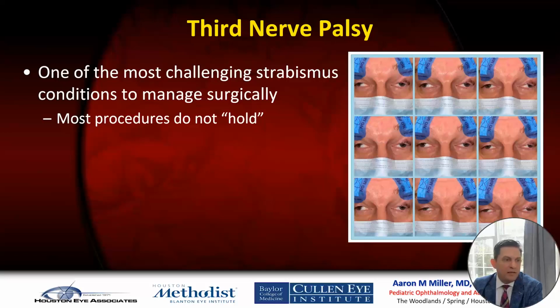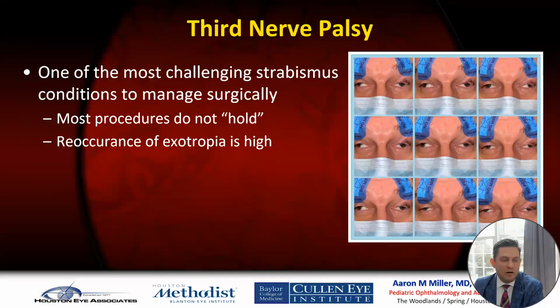Again, the way we're taught is to think of it as muscles that are not working. In strabismus surgery, in particular transposition procedures, when you work on muscles that are not normally functioning, the lack of tonic innervation causes the few muscles that are working, like in third nerve palsy, to slowly take over over time, and you have recurrence of the large exotropia that tends to happen in this case, which is a bilateral case.